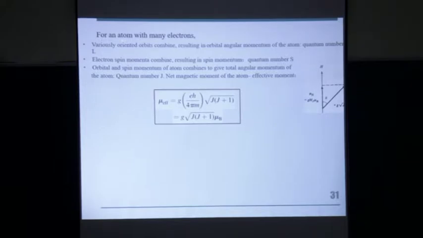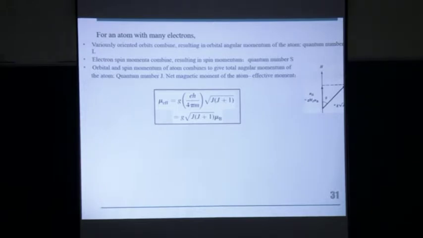And then this orbital quantum number L and this spin quantum number S can be related to a total angular momentum, which is given by quantum number J. So the spin and the orbital contributions combine to give total angular momentum, which is described by J.